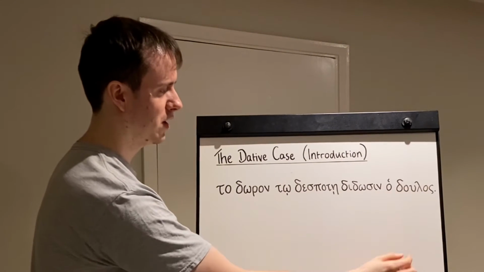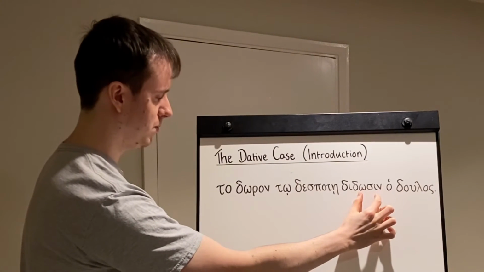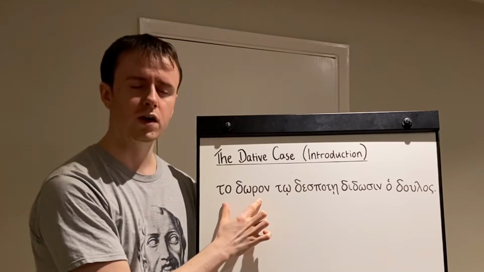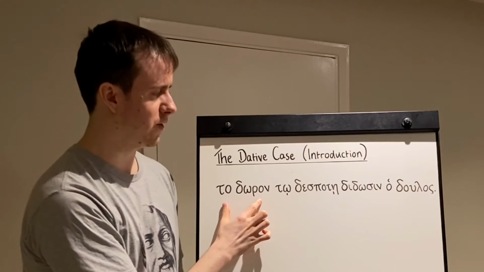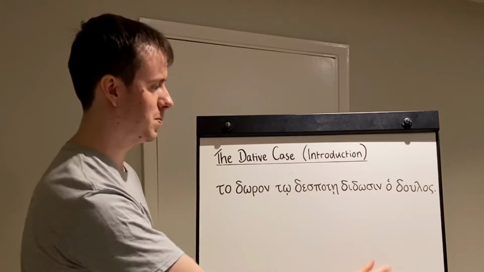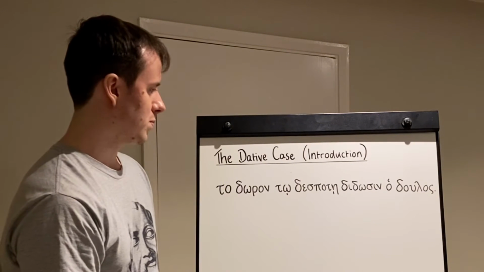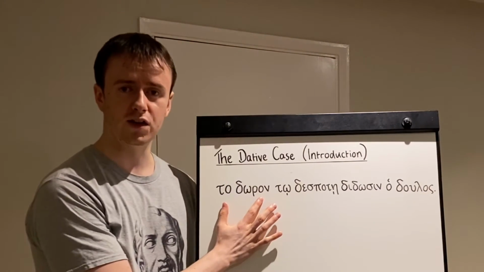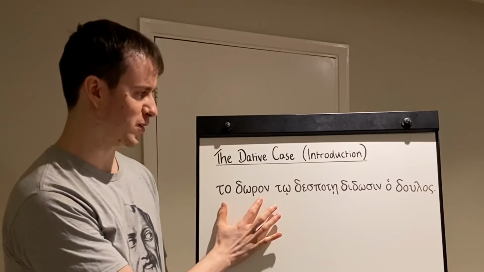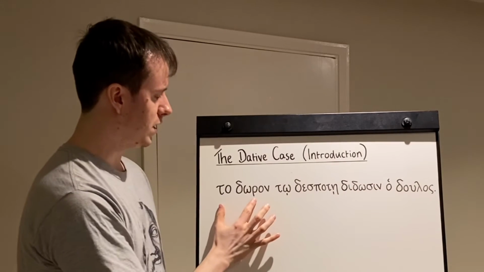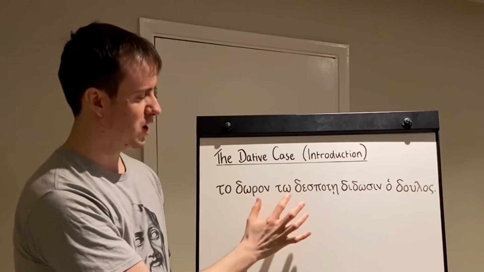So the slave gives, and now it wouldn't make any sense for to doron to be in the nominative. How would we fit that into the sentence when we already have a subject for the third person singular verb? It doesn't make any sense to take this as a nominative, but if we take it as an accusative phrase, then it makes a lot of sense, because this would mean the slave gives the gift or the present to the master.